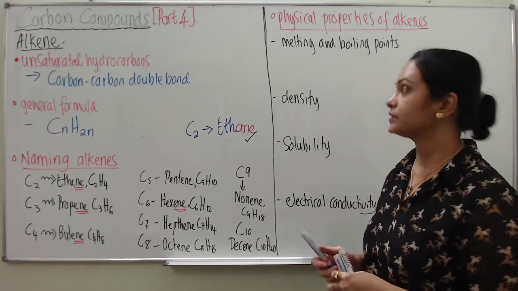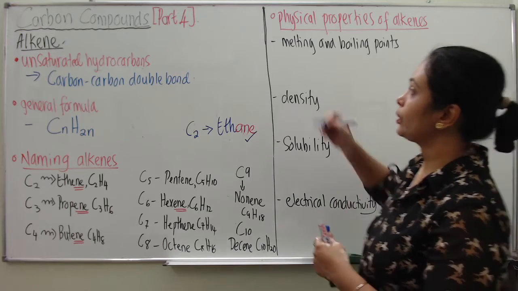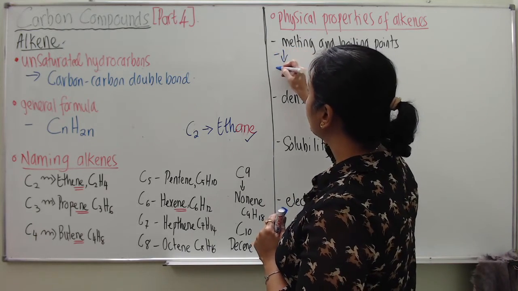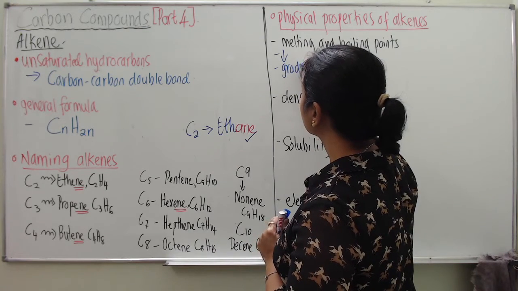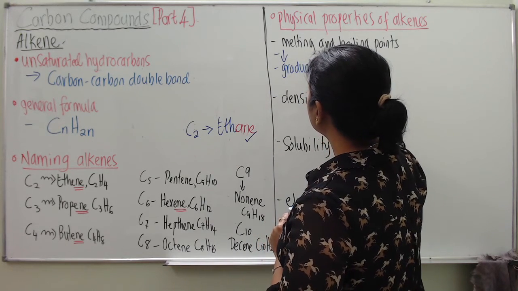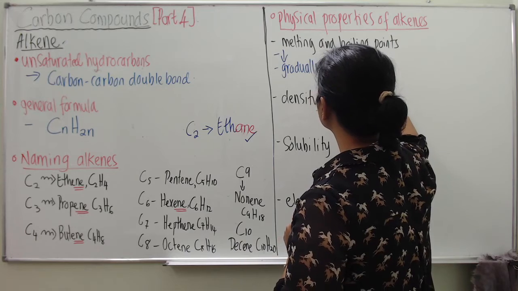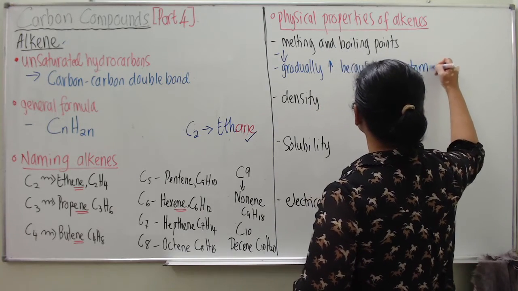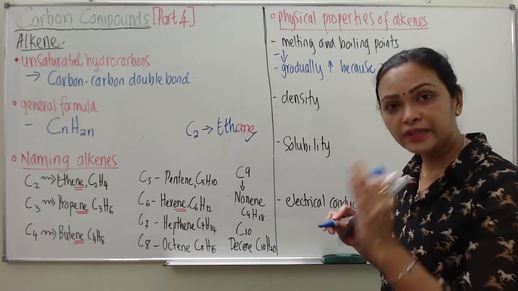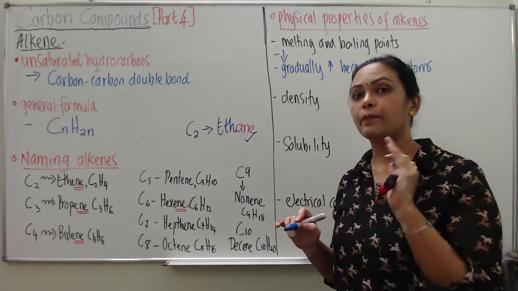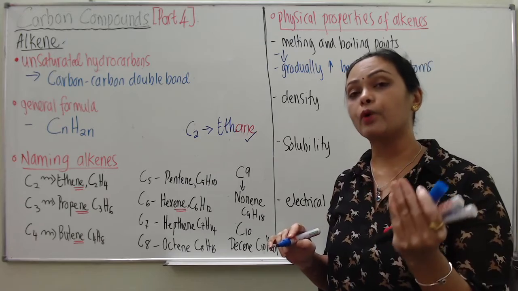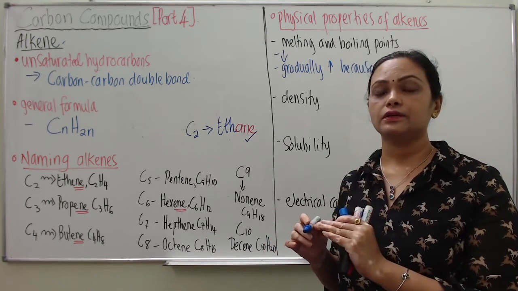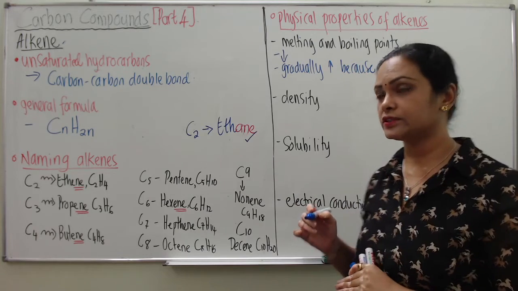So that is the reason why melting and boiling point for alkene is relatively low, but gradually increases because of more carbon atoms. The explanation is the same as what teacher did in part 2 videos, why melting and boiling point of alkane increases gradually when going down the homologous series.